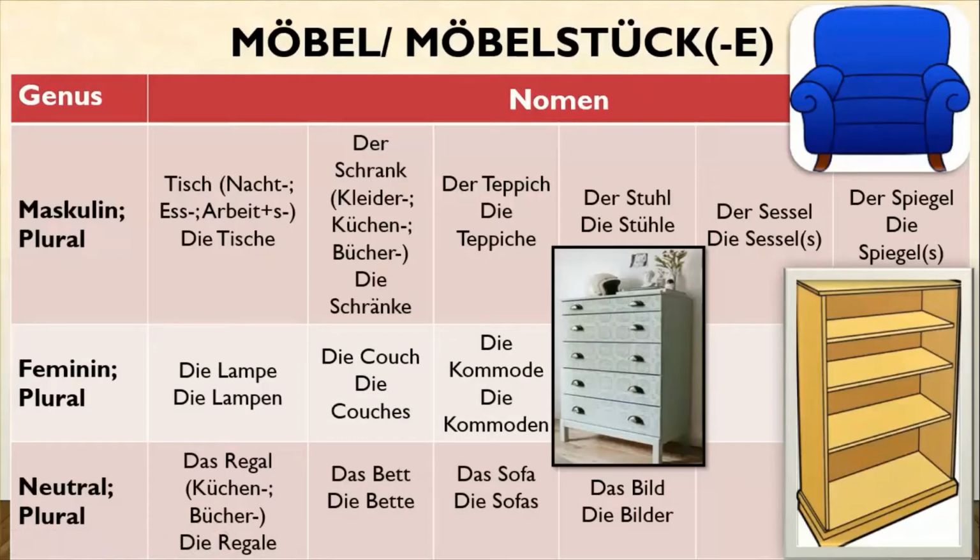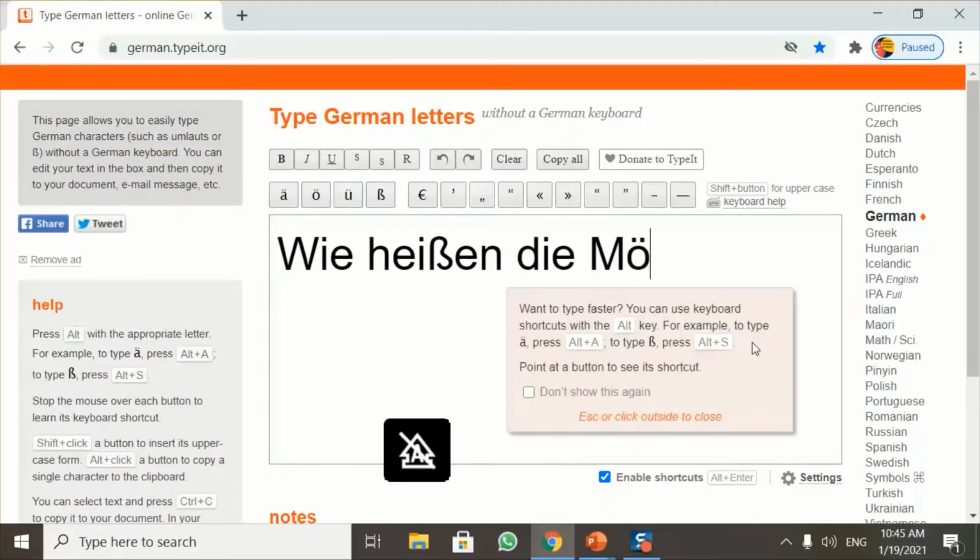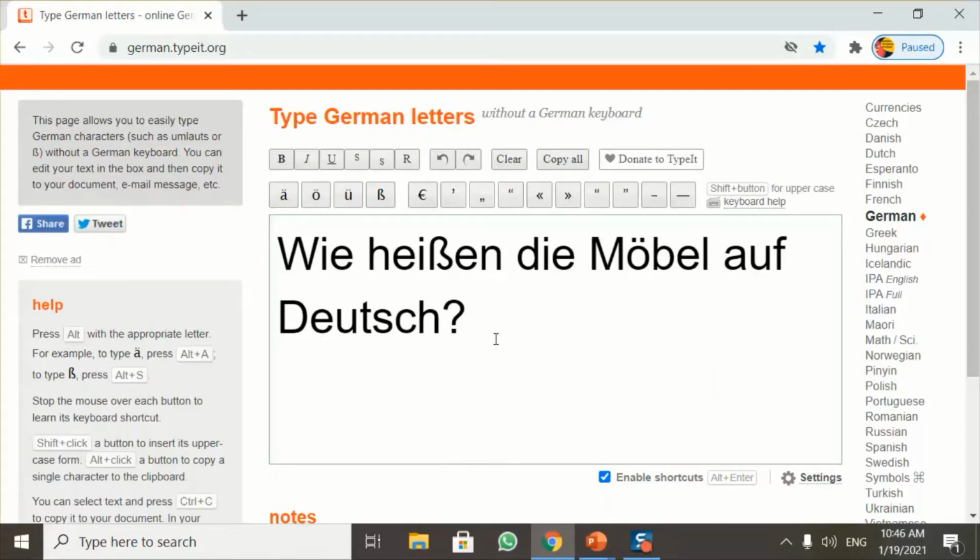Now to ask what is something called in the German language, we use this question. Wie heißen die Möbel auf Deutsch?